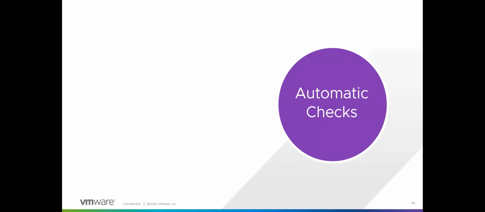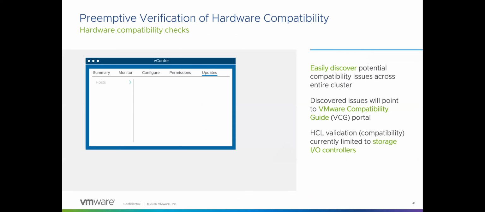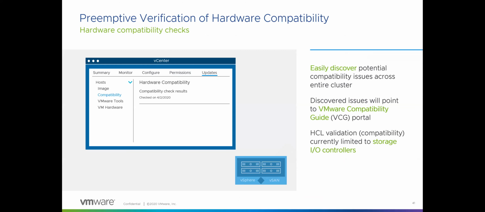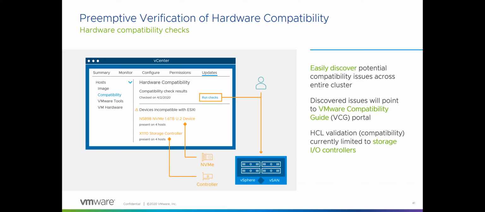Now, automated checks, a really interesting capability within vLCM. And like I said, it is all about, like with Update Planner, removing the guesswork, because we have the compatibility guide, the VCG, which is also often referred to as the hardware compatibility list.